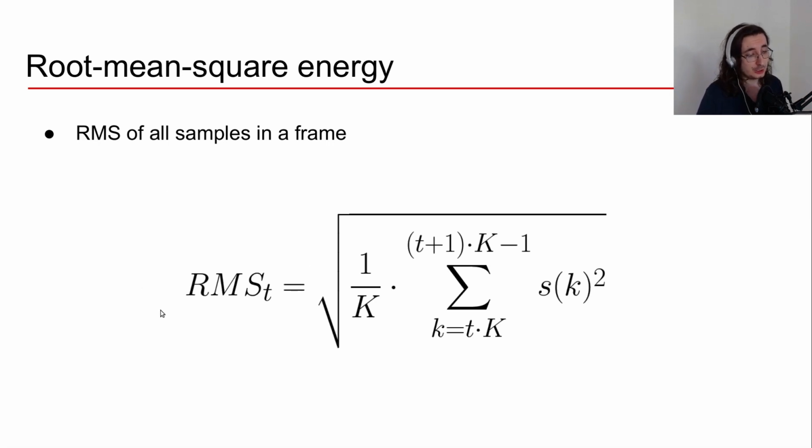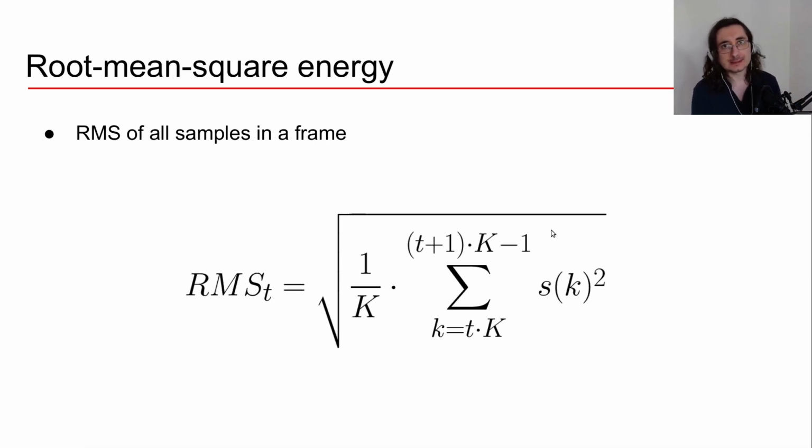Here you have the RMS calculated at frame t, and as you can see, what we should do is calculate the energy first. Then we sum the energy of all the samples in a frame, and once we've done that, we divide by the number of samples that we have in a frame, or the frame size, and then we take the square root of that.